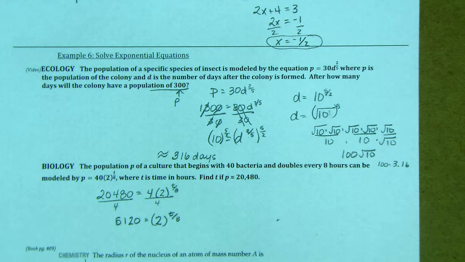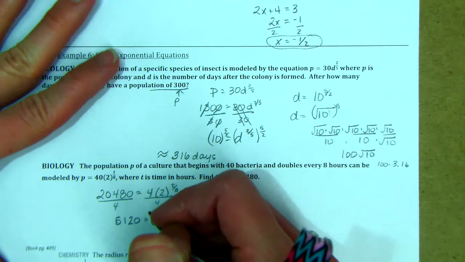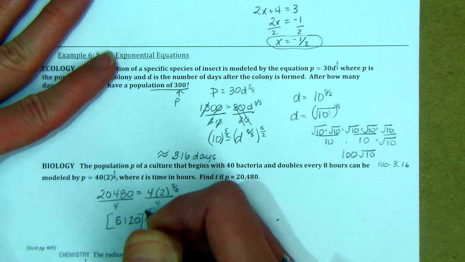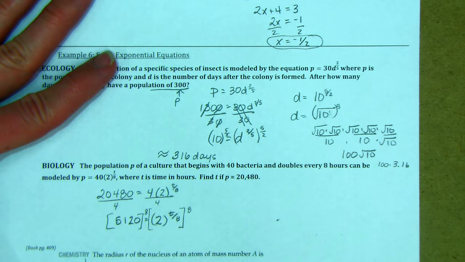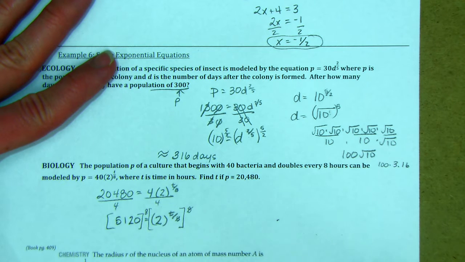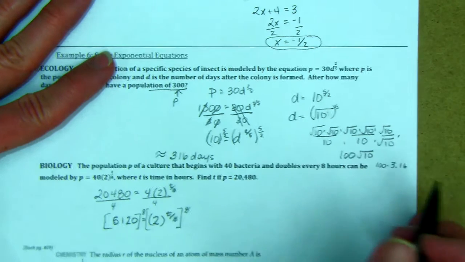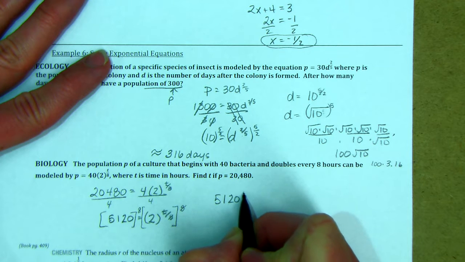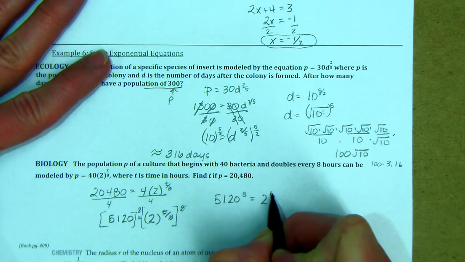So I am going to get rid of my denominator in my fractional exponent by raising everything to the 8th power, because when I multiply this times this, the 8's cancel. I'm not going to actually multiply that out. I'm going to leave it 5,120 to the 8th power equals 2 to the T power.